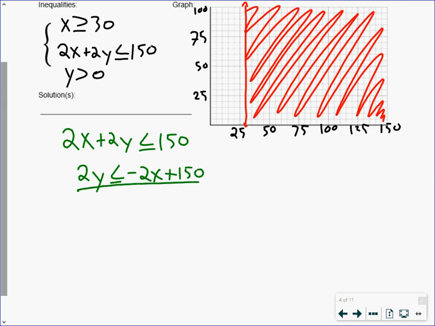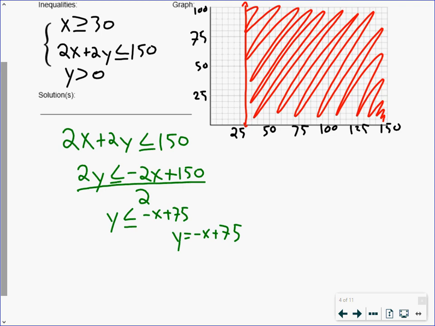Then we'll divide everything by 2. So we get y is less than or equal to negative x plus 75. And we're going to graph this as y equals negative x plus 75. We're just graphing it like that, and we'll deal with the inequality after we graph it.